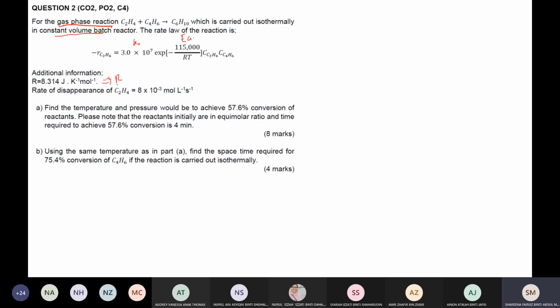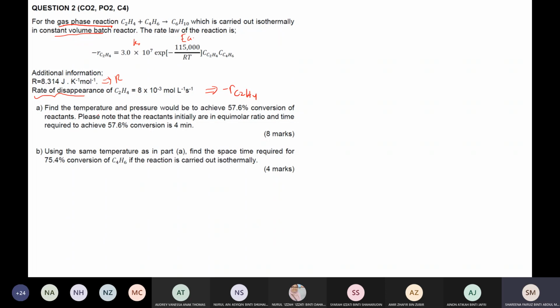Okay, rate of disappearance of C2H4 is 8 times 10 to the power negative 3 mole per liter second ni. Okay, so ingat, rate of disappearance means that this is the negative R C2H4. Okay, so this is the value given.